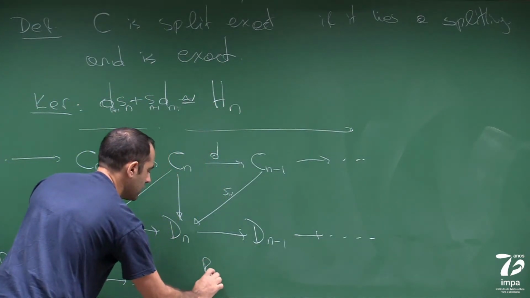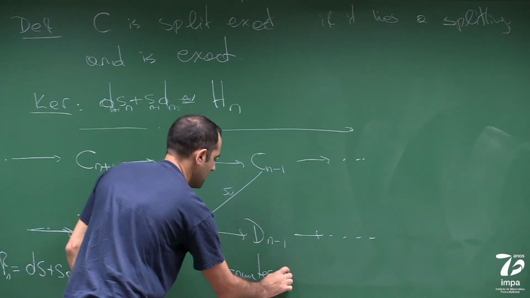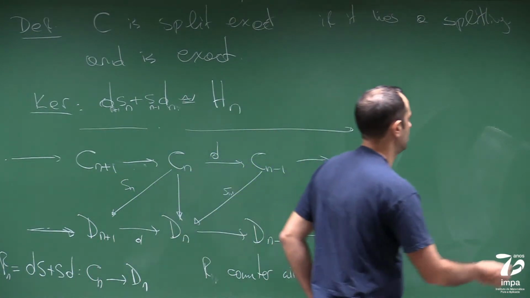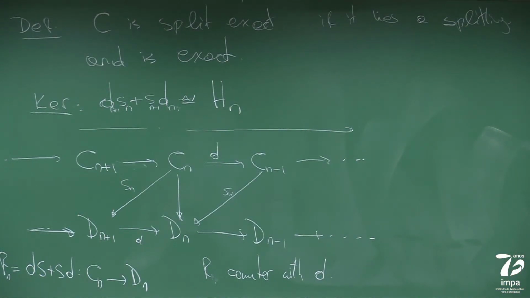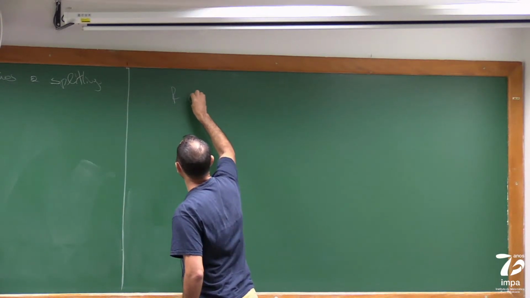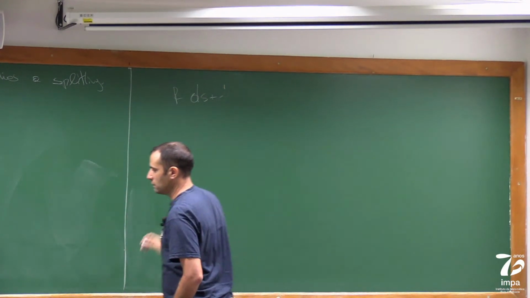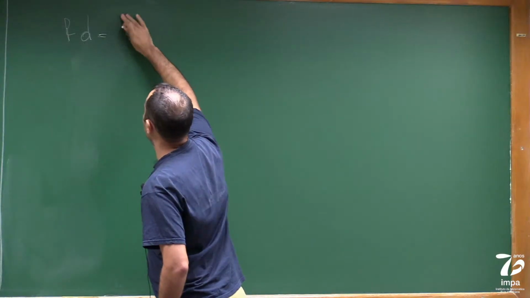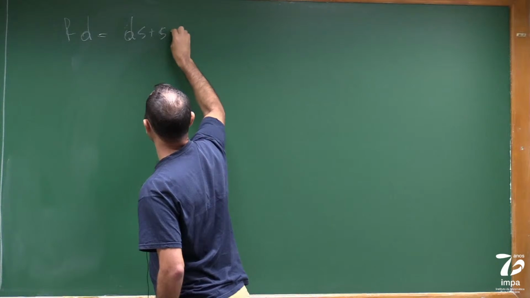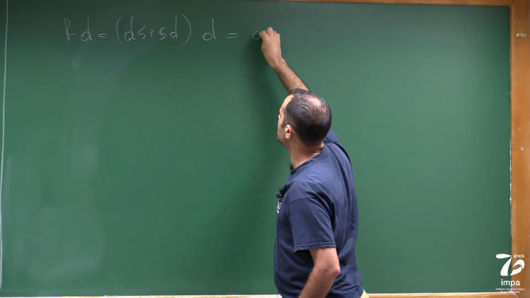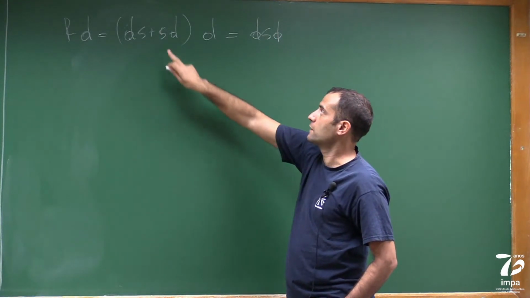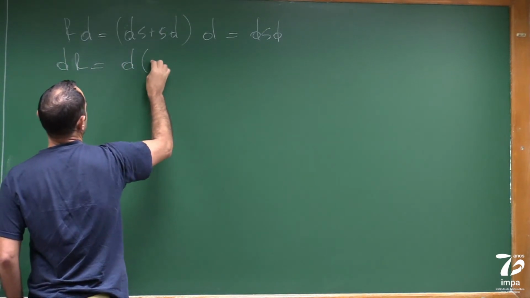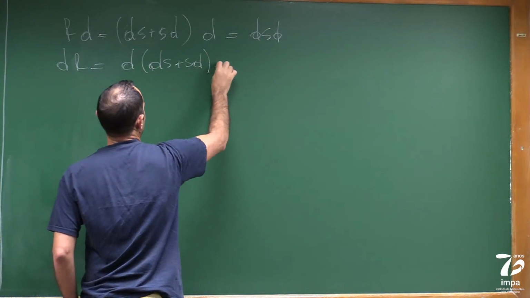So Fn commutes with D. F commutes with D. Indeed, F composed with D is ds plus sd composed with D, which is dsd, because d squared is equal to 0 here, and DF is D composed with ds plus sd, and d squared is equal to 0.